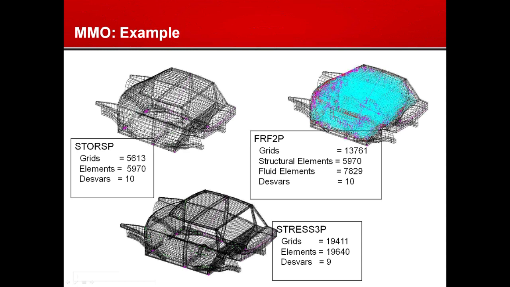So you can see that the models are completely different. This has a lower mesh density, this has a higher mesh density, and this here is the acoustic model. You can do optimization on all three models simultaneously, although the input files are all distinct. The user doesn't have to worry about combining them and such.